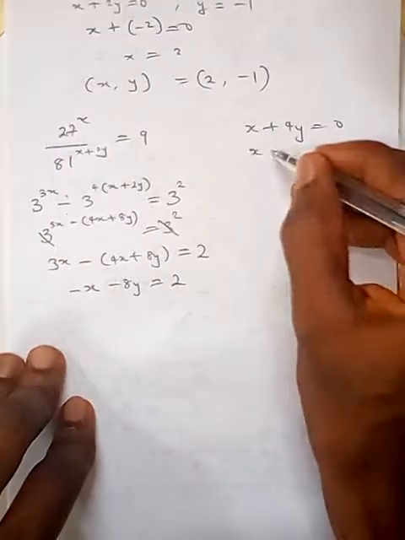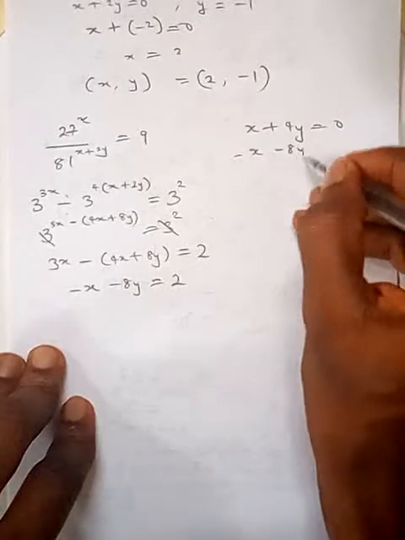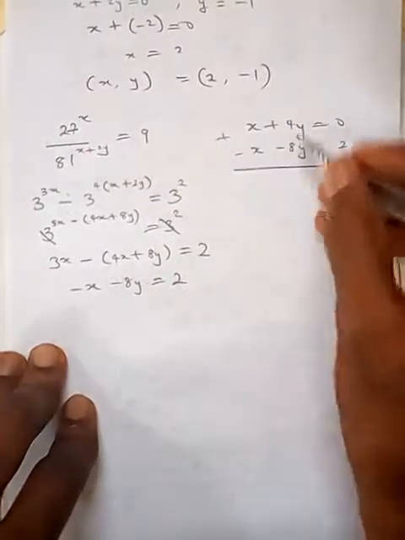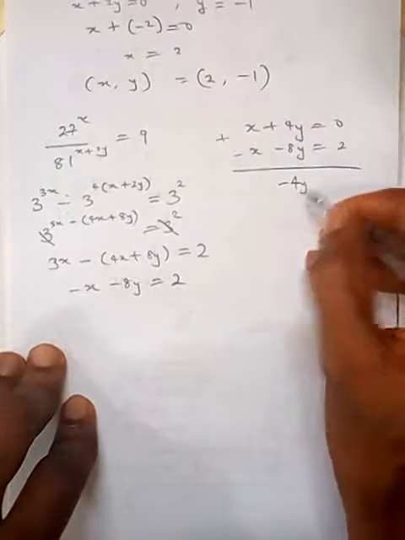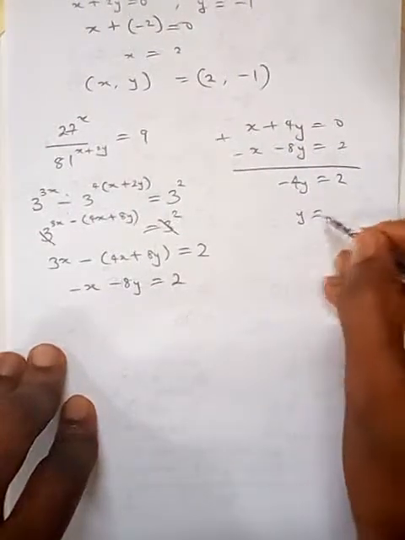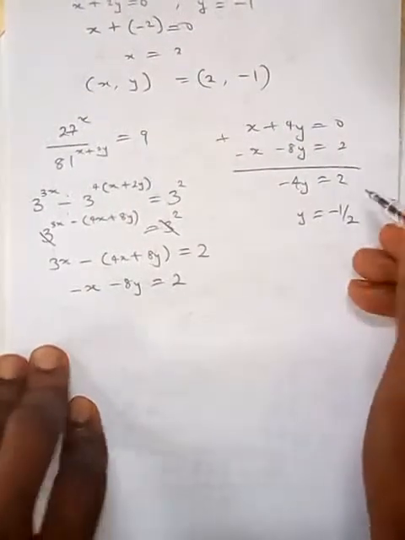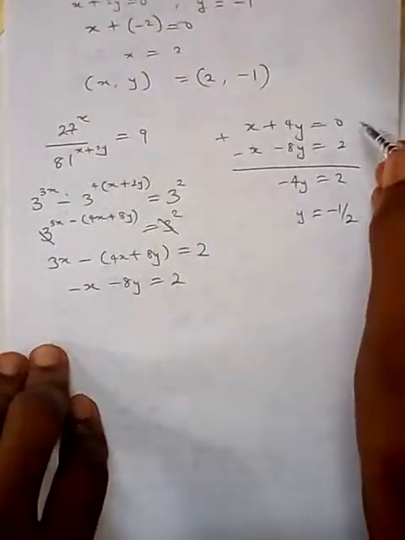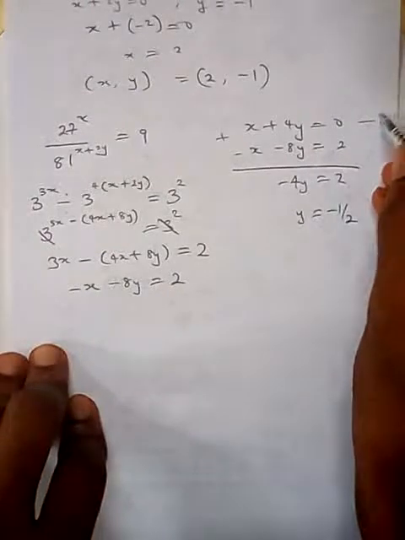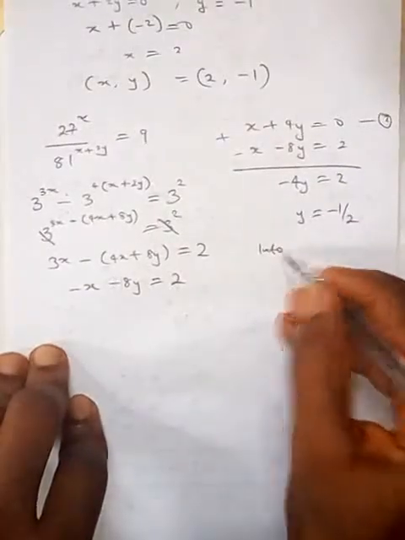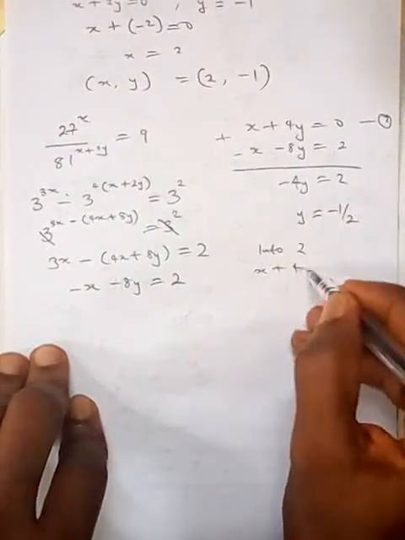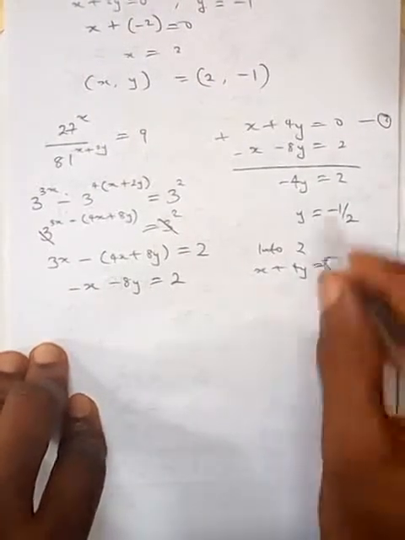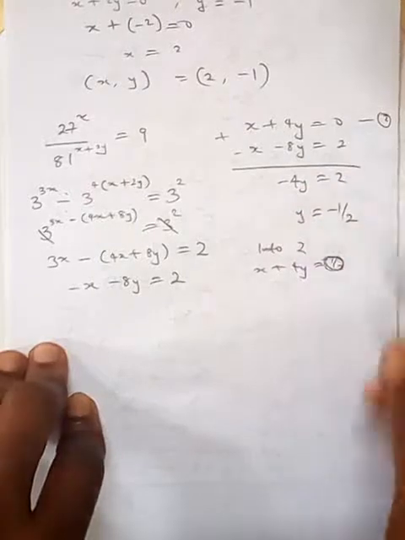Okay, if we bring that here now to solve simultaneously, minus x and plus x, so we add. If I add, this is going to give me minus 4y is equal to 2. So y is minus 1 over 2. So if y is minus 1 over 2, let's put it into equation 2, x plus 4y is equal to 0.